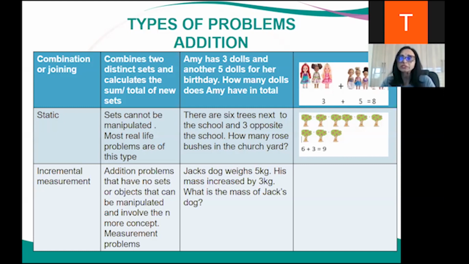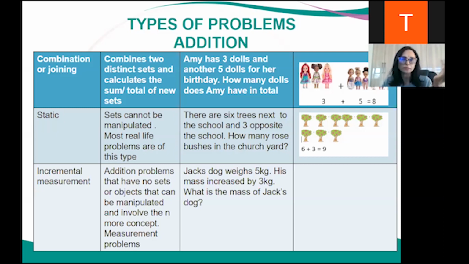How many dolls does Amy have in total? So as you can see, there are 3 dolls and Amy gets another 5 dolls. So she's combining the 3 to the 5 dolls to get 8 dolls. That is the strategy she has used. So the type of problem is combining or joining problems.